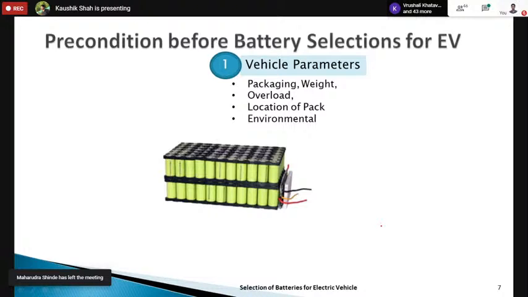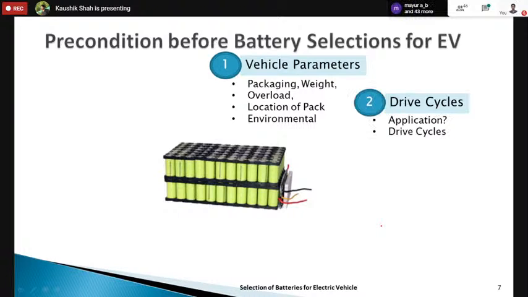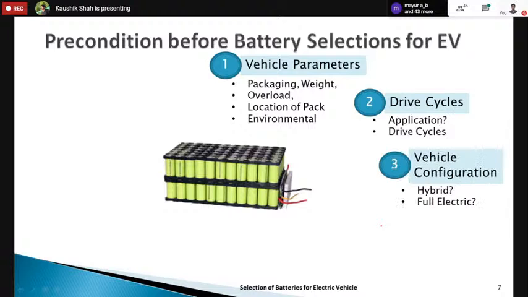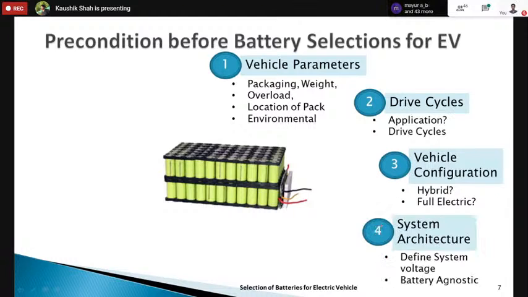Look at environmental conditions, very important for the battery. I think many earlier sessions must have emphasized this. Again, drive cycles, I'll not put more time on this. Vehicle configuration is common. System architecture: for this fourth point, people take months to define the system architecture in terms of the defined system voltage.